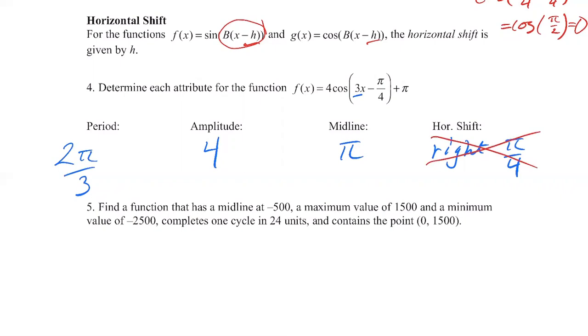Look at the way that our original functions use parentheses. I said that was important. In order for this term to represent the horizontal shift, we already have to have factored out whatever that leading coefficient on x was. So let's do a little bit of a rewrite.